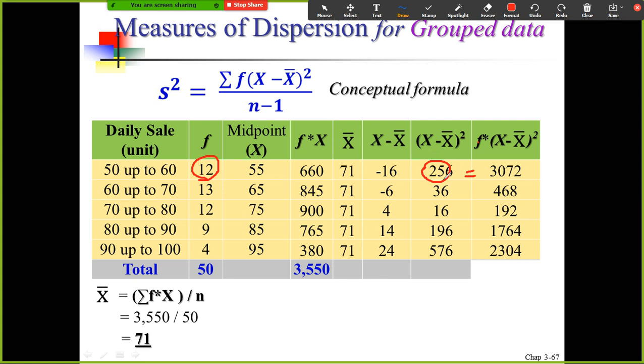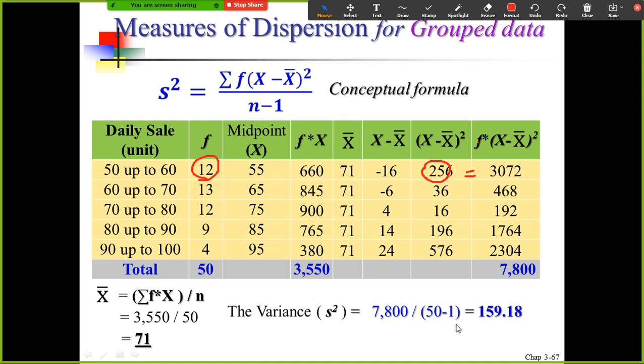Frequency multiplied by the squared deviation, we got this one. Next, add them together, then divide by n minus 1. This is the variance. Take the square root, and this is the standard deviation.